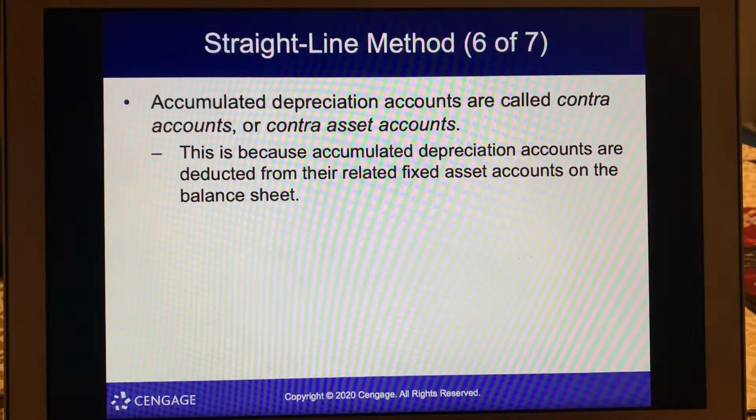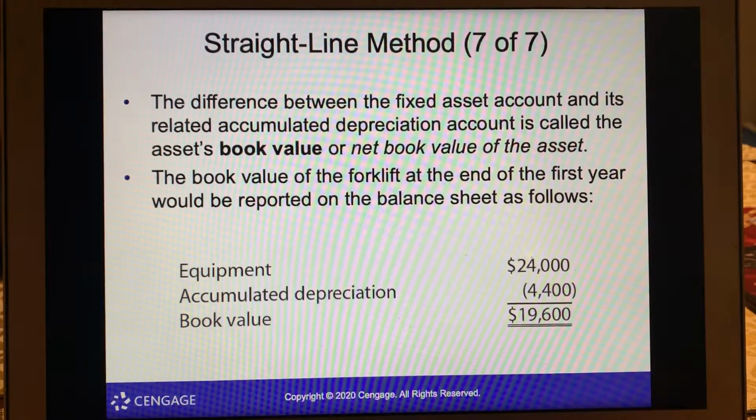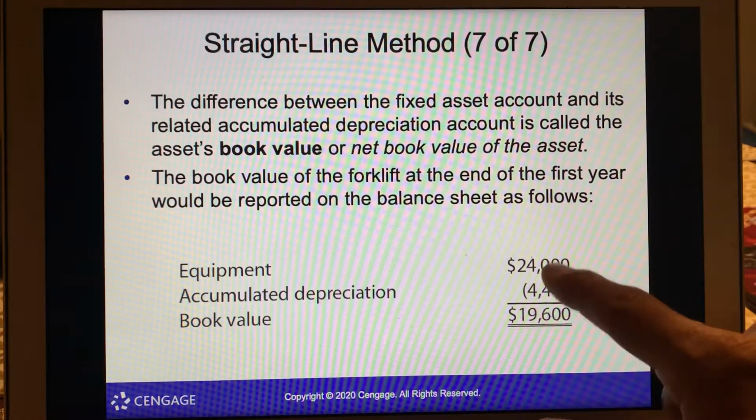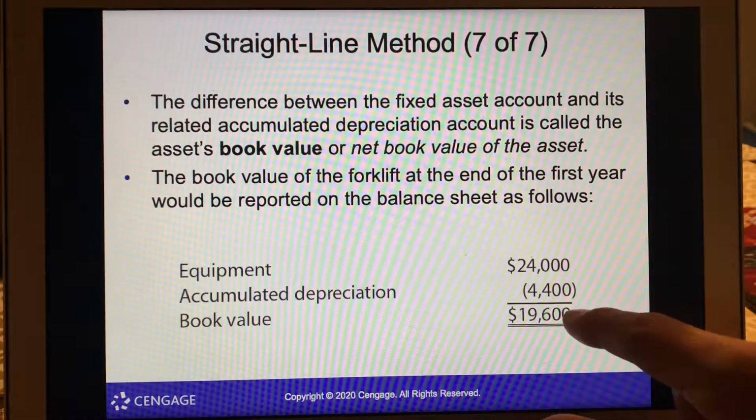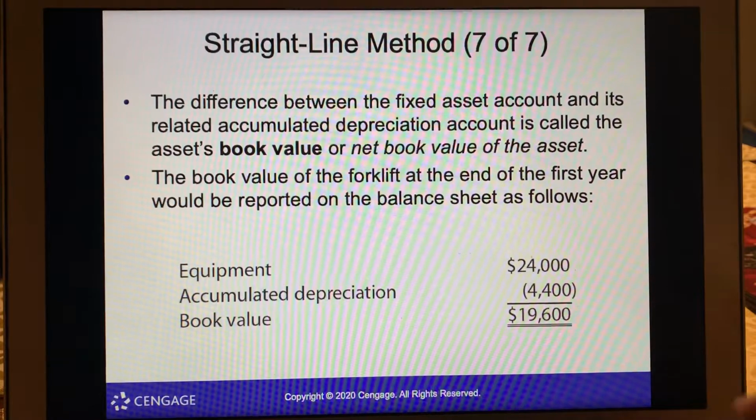Accumulated depreciation accounts are called contra accounts, or contra asset accounts. This is because accumulated depreciation accounts are deducted from their related fixed asset accounts on the balance sheet. The difference is called the book value. So this value is the book value. The next year it'll decrease by 4,400 again. That'll be the book value the following year.